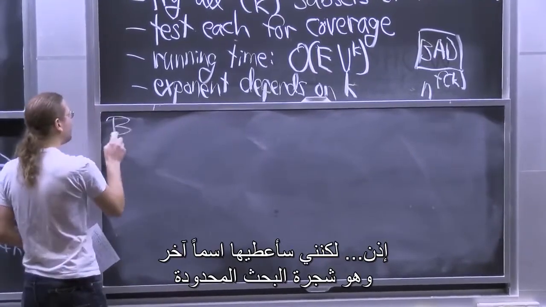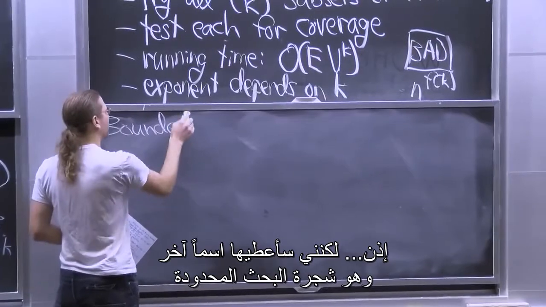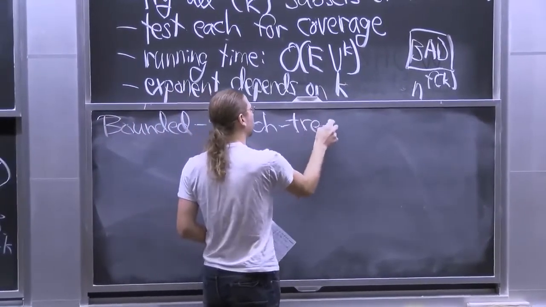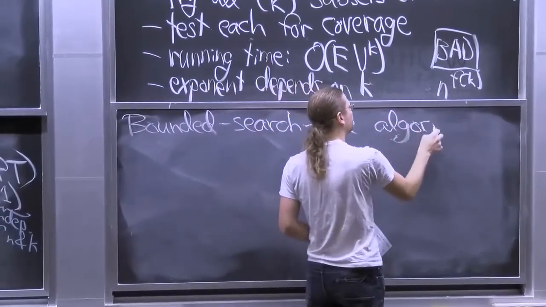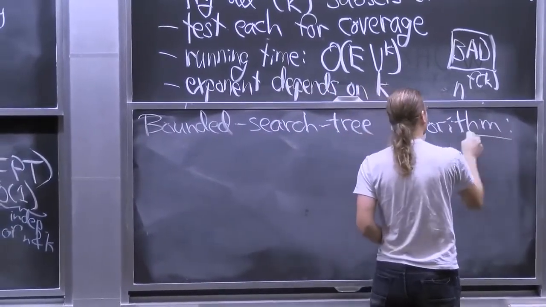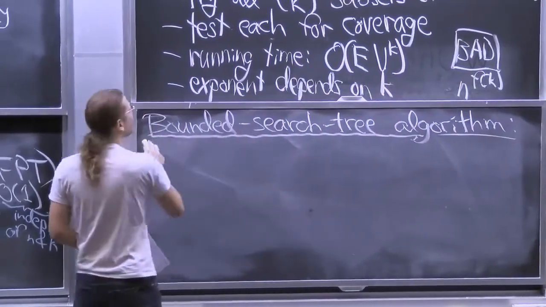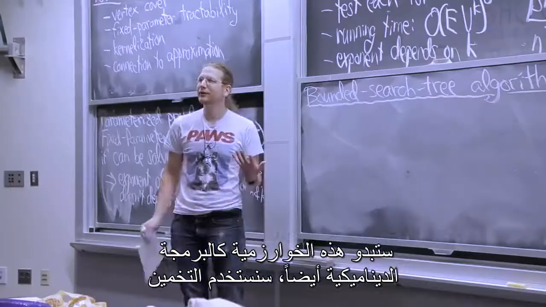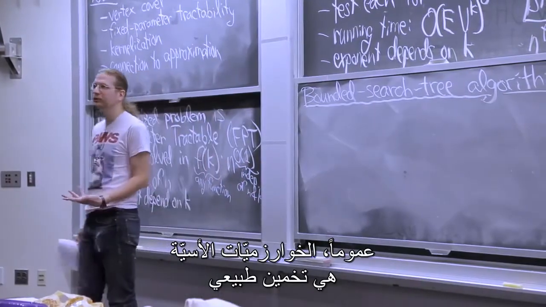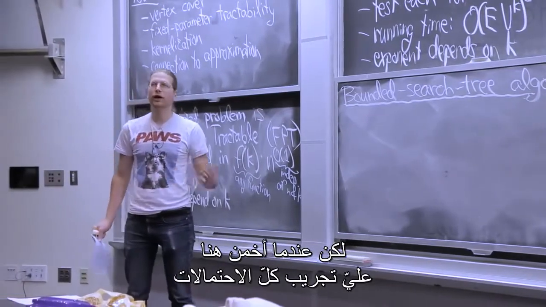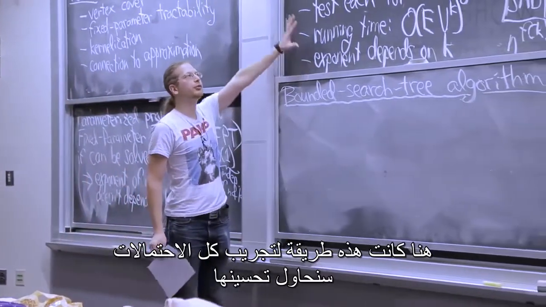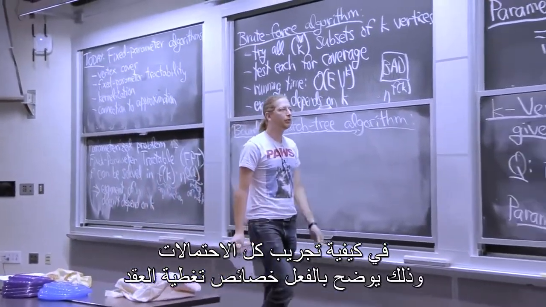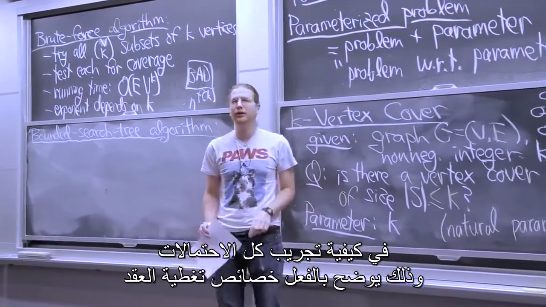But I'm going to give it a different name, which is bounded search tree. Okay, this algorithm is also going to feel like dynamic programming, or we're going to use guessing. In general, for exponential algorithms, it's natural to use guessing, but here, when I guess, I have to try all the possibilities. Here, this was one way of trying all the possibilities. We're going to be a little bit more sophisticated in how we try all the possibilities that actually exploits the properties of vertex cover.